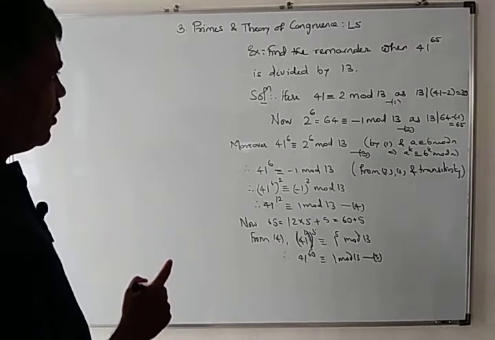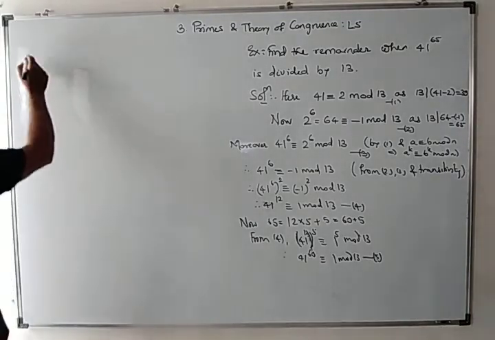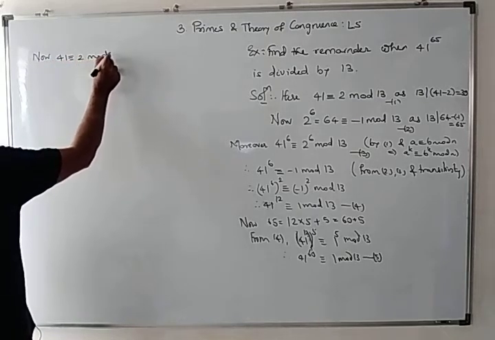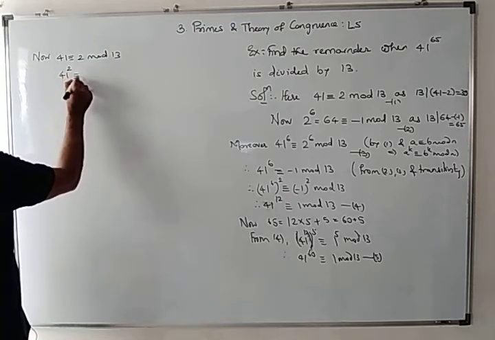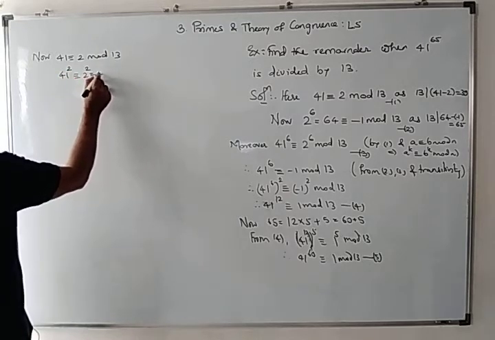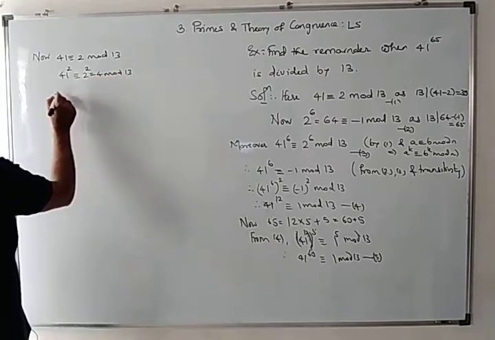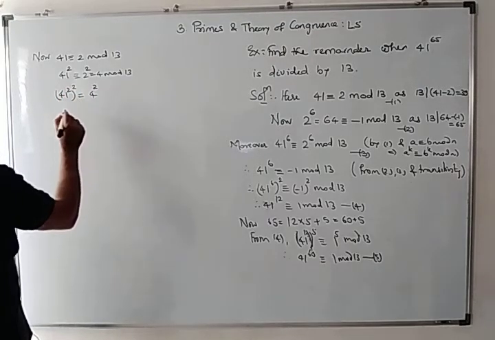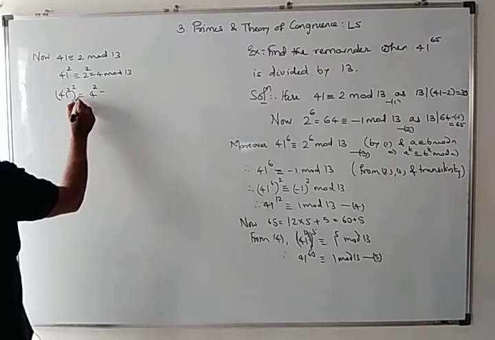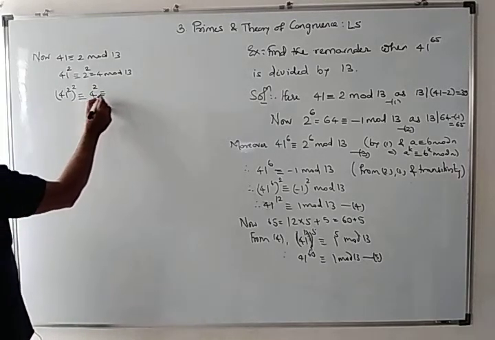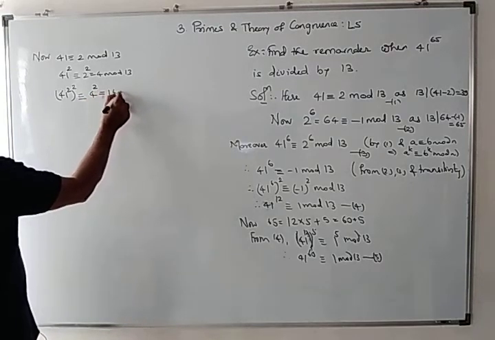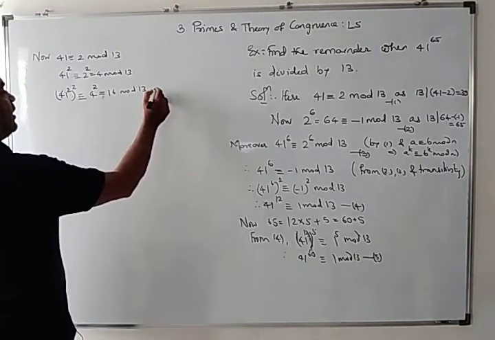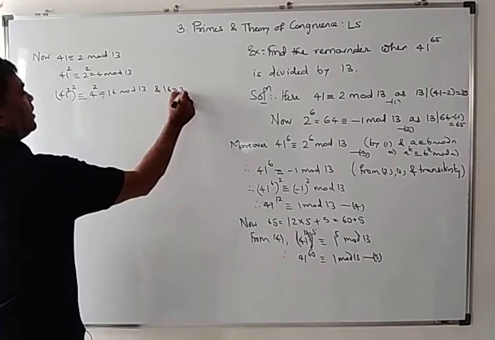So, 41 is congruent to 2 mod 13. 41 squared is congruent to 2 squared, which is equal to 4 mod 13. 41 raised to 4 is 4 squared, 16 mod 13, and 16 is congruent to 3 mod 13.